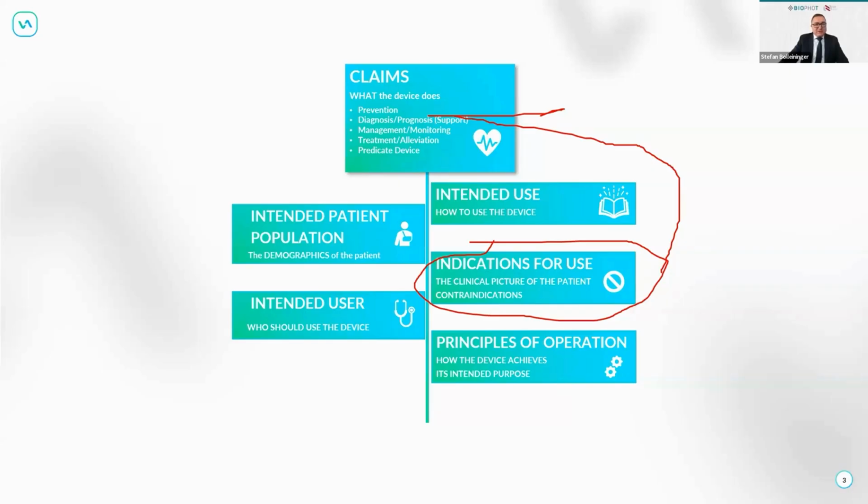The principles of operation are not very easy to define for medical devices, and especially not easy to describe for an AI, because AI has a very rarely clearly describable principle of operation. What you can put in is the input and the output, how it will be weighted and how it will be calculated.